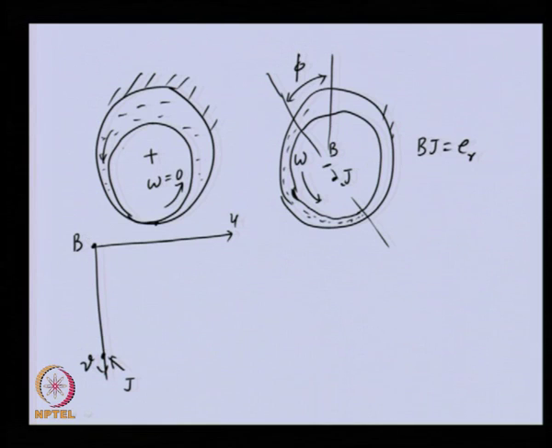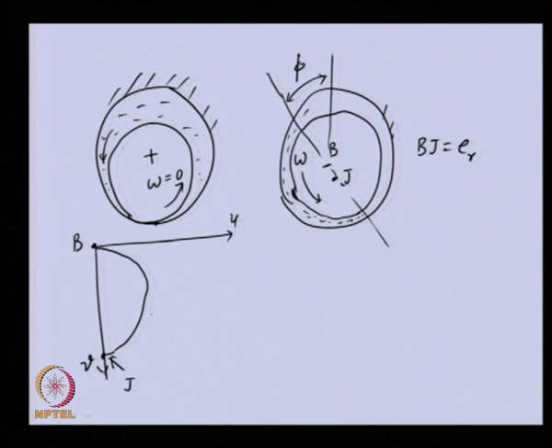Now, as speed increases, it changes its position, and theoretically when speed is at infinity, it reaches the bearing center. That means the journal and bearing centers will be at the same place.